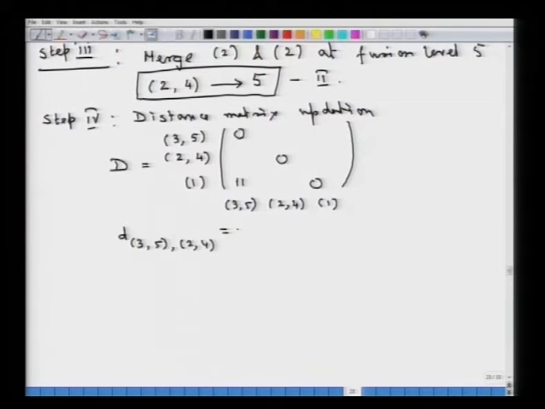Remember, we are looking at a complete linkage distance, and hence the distance between cluster 3 5 and cluster 2 4 would be given by the maximum of the mutual distances. That is what leads us to complete linkage. So, the distance between 2 and cluster 3 5 and the distance between 4 and 3 5 would now be computed. What are these two distances? From the previous table we will be getting this D235.